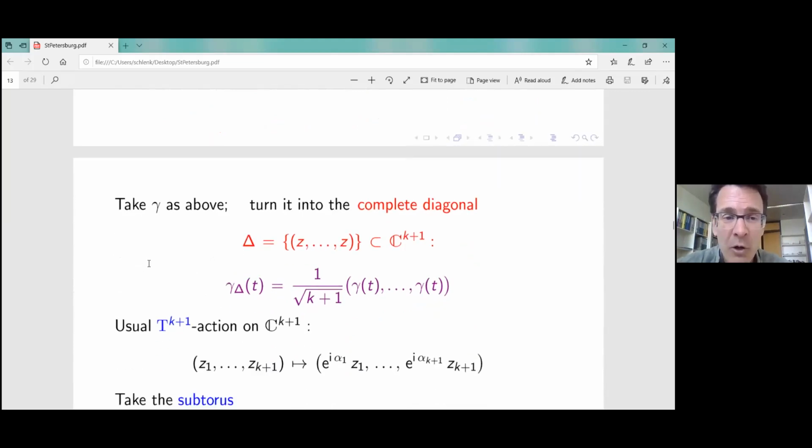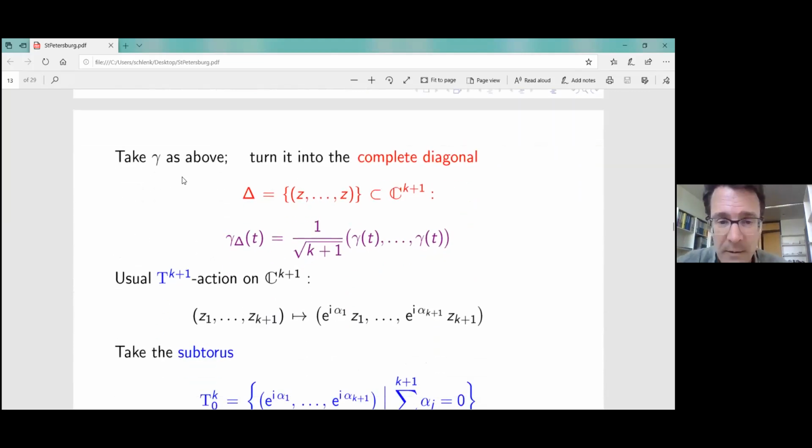So we take this curve as before, right, in this sector. And then we take the same curve, but we don't view it in a C or in an R^2, but we view it in the complete diagonal of C^(k+1). So we take the set, the complete diagonal, Z. It's a copy of C or R^2. And therein, I take this curve gamma of t, gamma of t, gamma of t with some scaling that you should forget.